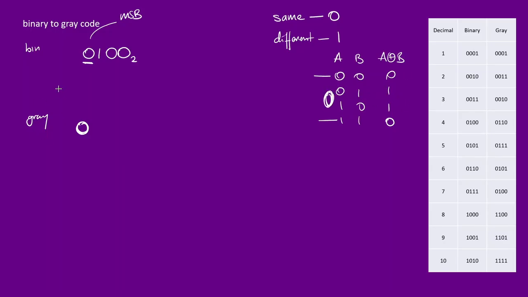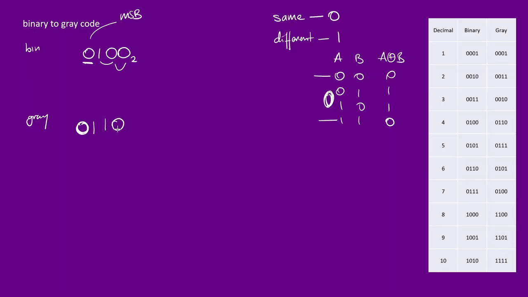So let's see how that applies. We maintained our first bit, okay? So we're now going to check 0 XOR 1. Both of them are different, which means we keep it 1. 1 XOR 0. Both of them are different, meaning we make it a 1. And 0 XOR 0. Both of them are the same value.